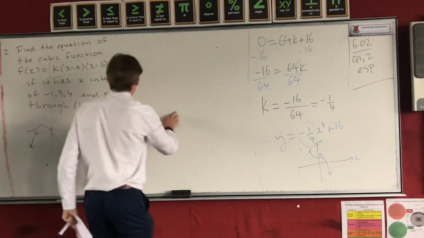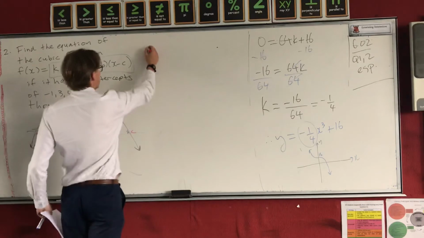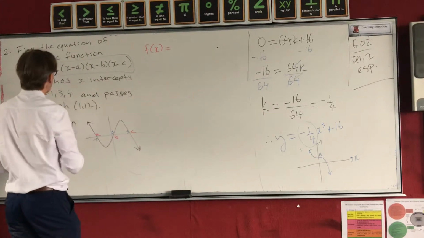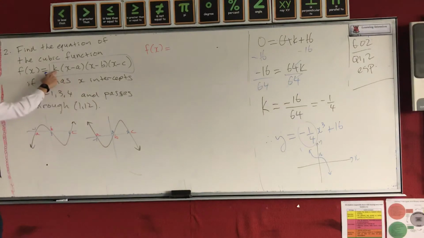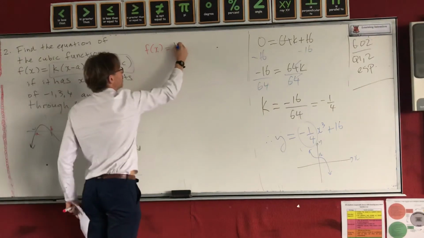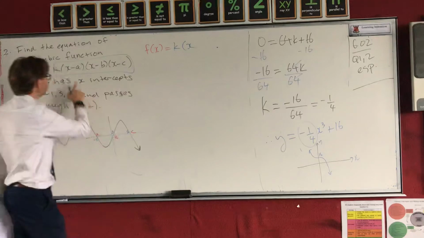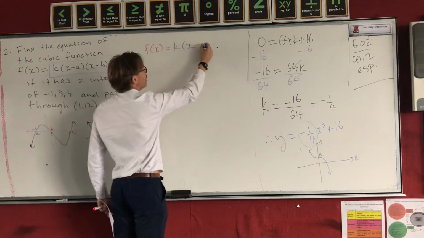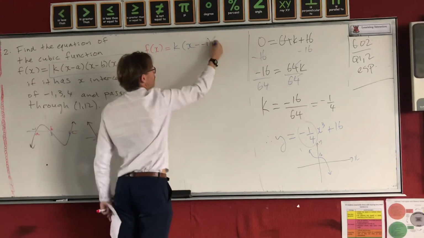Now, let's sub that into the equation. So you've got f of x equals. Now, we don't know what k is, so we've still got to write that down. We do know what a is. A is -1. So I'm going to put in -1, which will become positive, won't it?